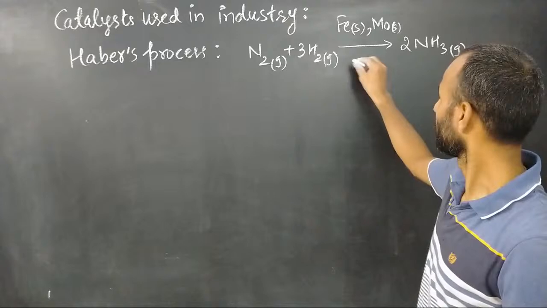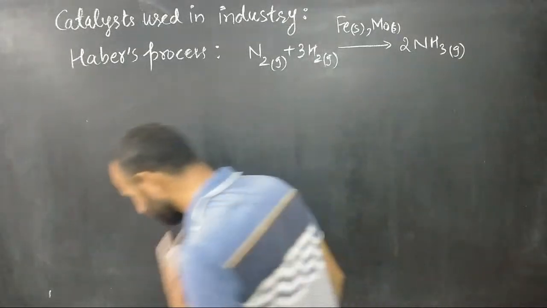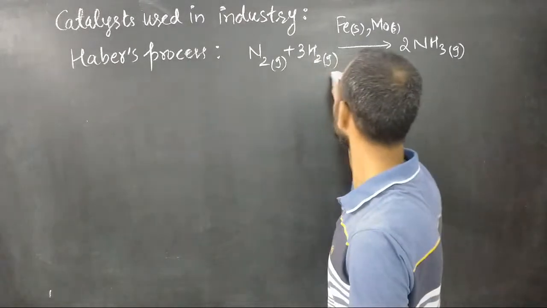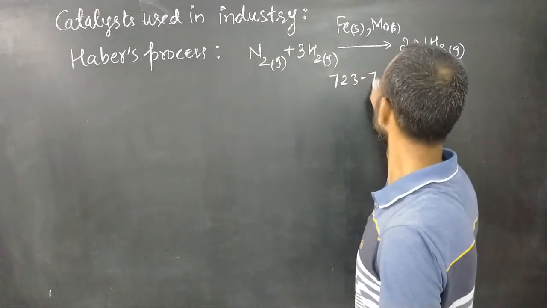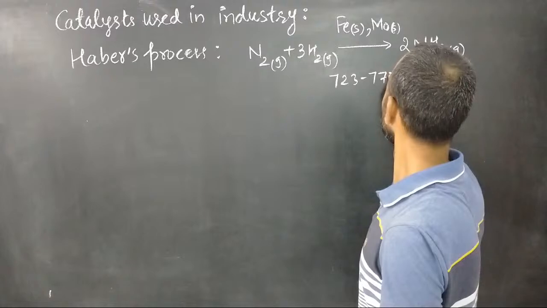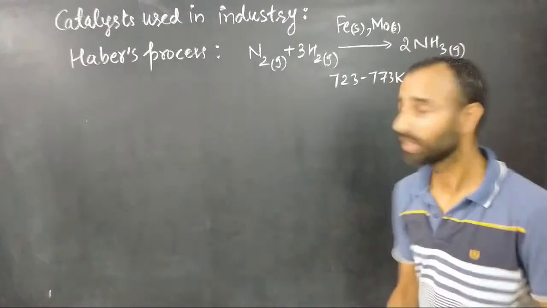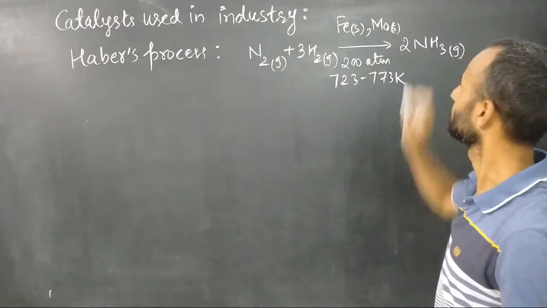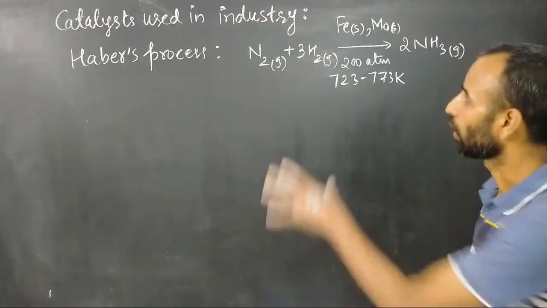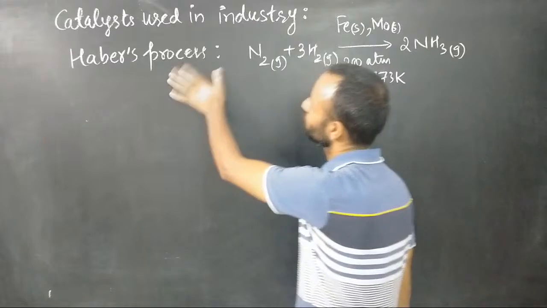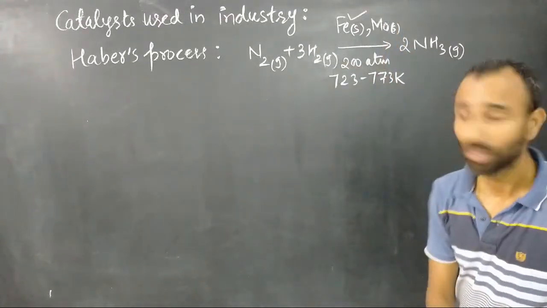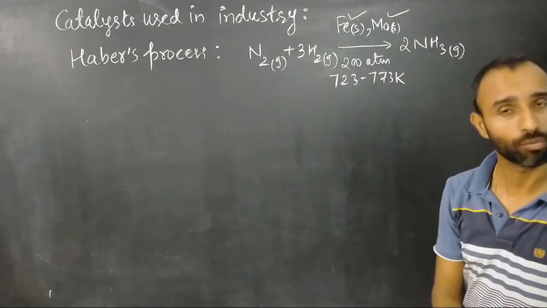Okay, and temperature, I think it is temperature and pressure 723 to 773 Kelvin temperature and 200 atmosphere pressure. So Haber process is used in industry where we use iron as a catalyst, molybdenum as promoter.